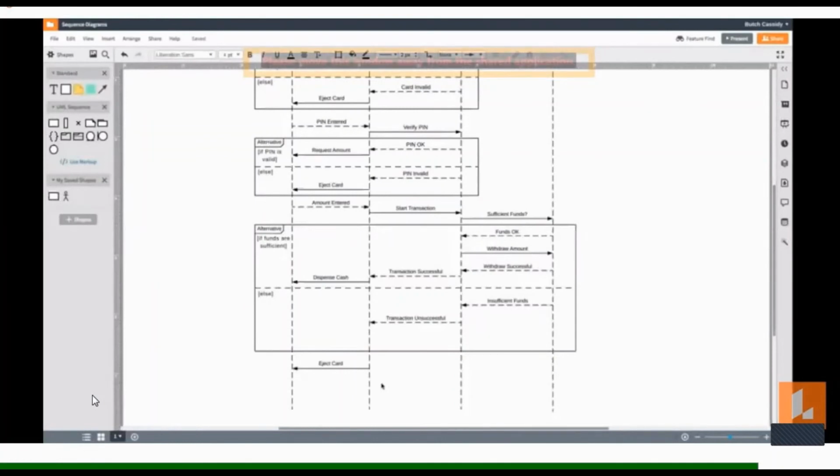So basically these are the three sequences of events that happened.